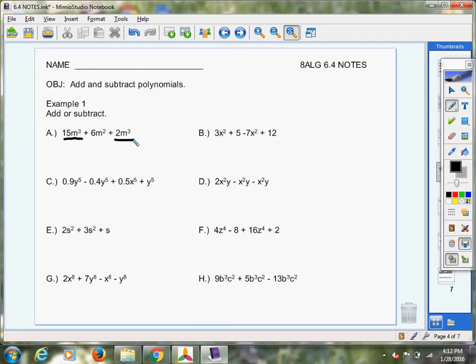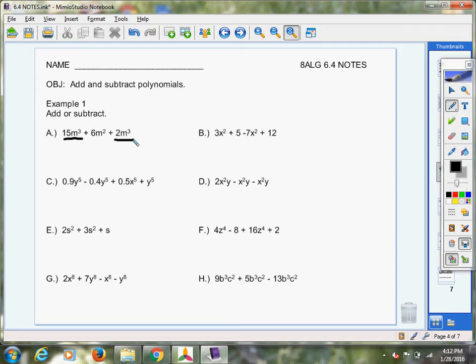If you're dividing the same bases, you would subtract the exponents, or if you're raising a power to a power, you would multiply the exponents. We're not doing any of those in this lesson. We're just learning how to add and subtract polynomials together.